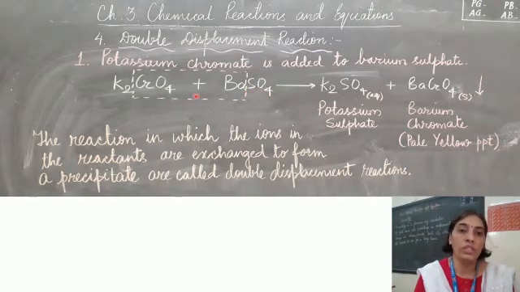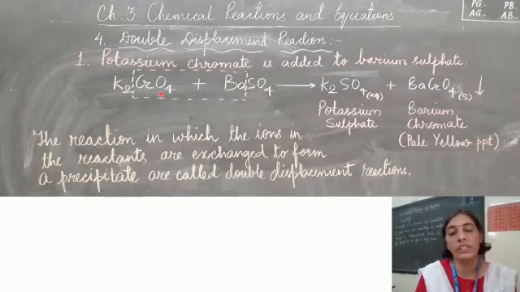Now if you have noticed, in these two reactants we have a positive as well as a negative radical in each. Potassium is positive and chromate is negative. Barium is positive, sulfate is negative. So when you mix the two reactants, they undergo bond breaking.